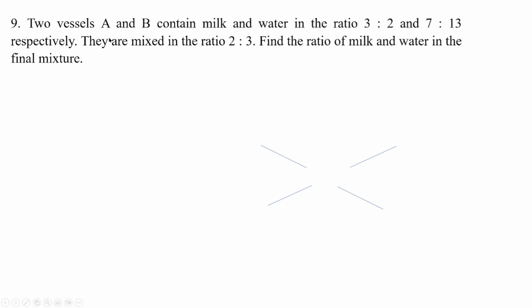Here we have two vessels, again A and B, which contain milk and water in certain ratios. Now they have given the ratio in which they have mixed A and B. They have mixed A and B in the ratio 2:3. We have to find the ratio of milk and water in the final mixture.